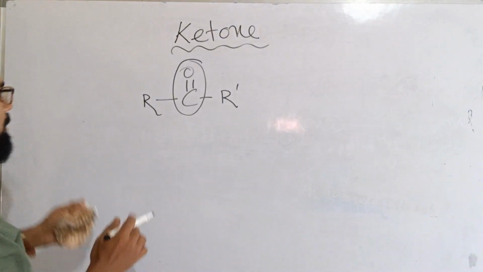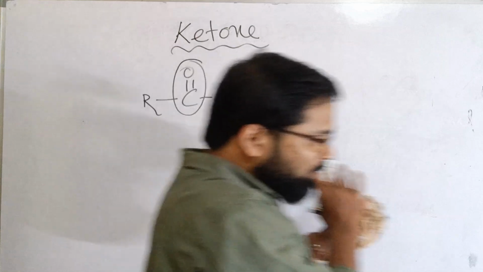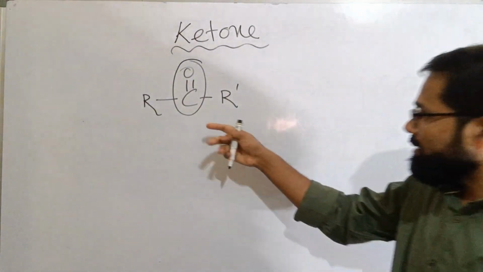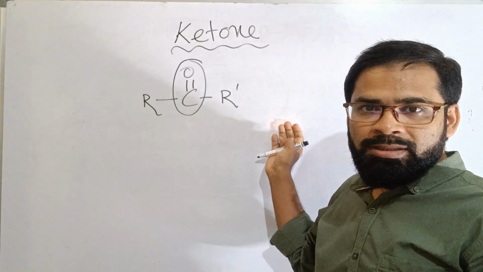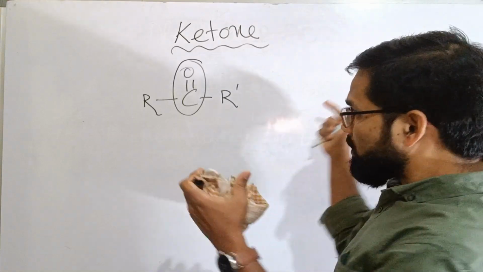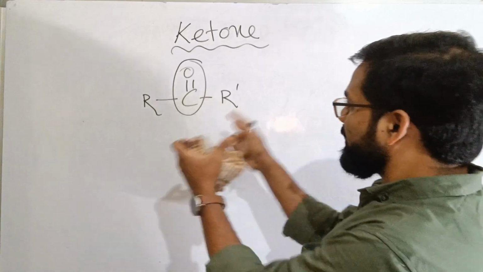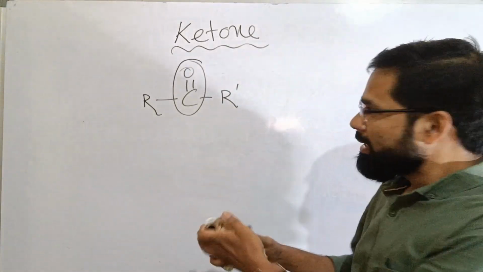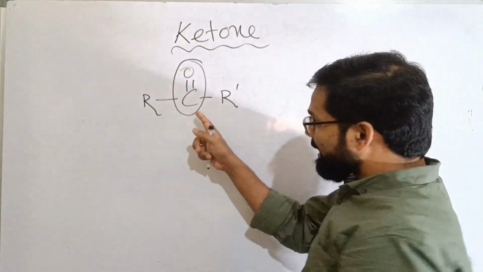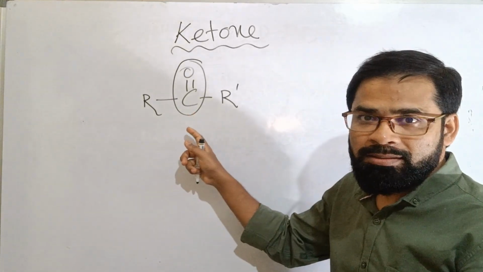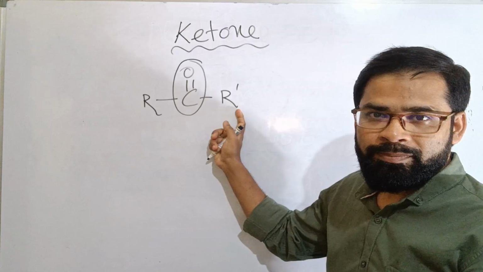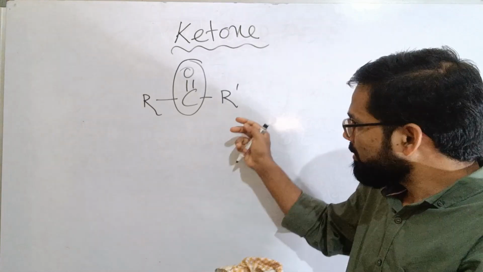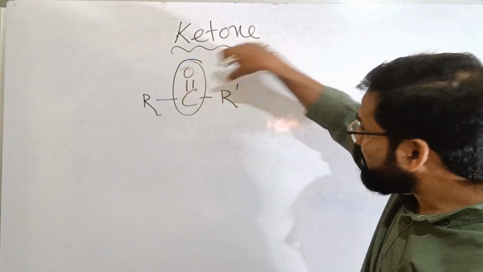It means there is no chance to get the ketone functional group in the terminal position. To satisfy that functional group as a ketone, that C double bond O carbon should be attached to alkyl groups. So there is no chance to put it in the terminal position.